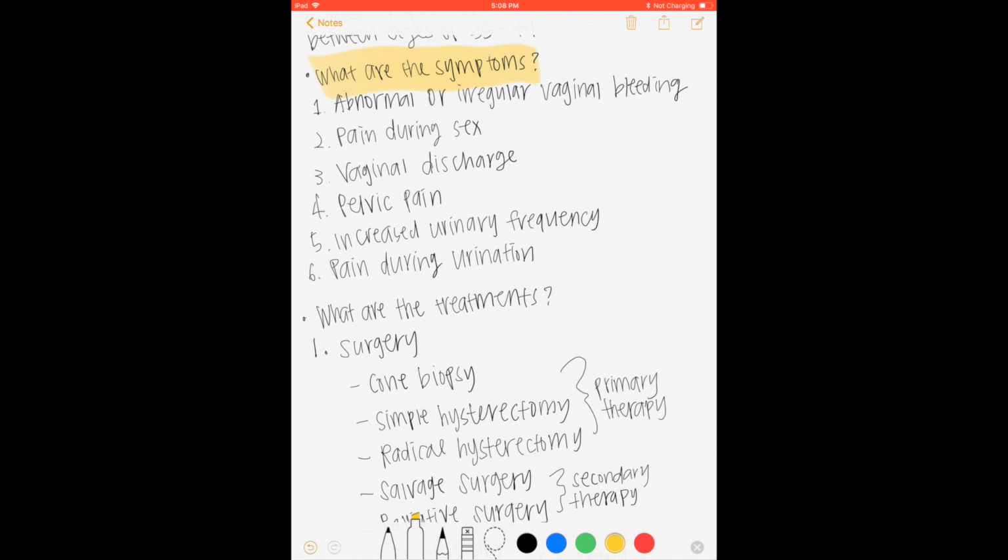And there are also pain during sex, vaginal discharge, which is usually heavy or unusual discharge that may be watery, thick, and possibly have a foul smell. There are also other symptoms, which are pelvic pain not related to your menstrual cycle, increased urinary frequency, and pain during urination.